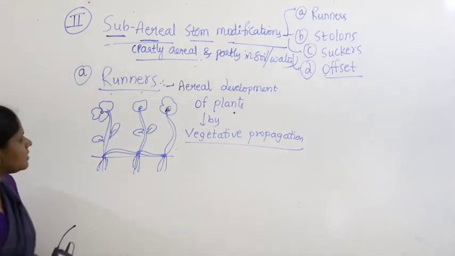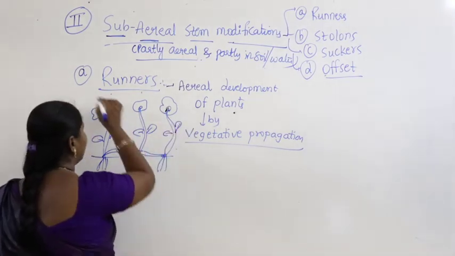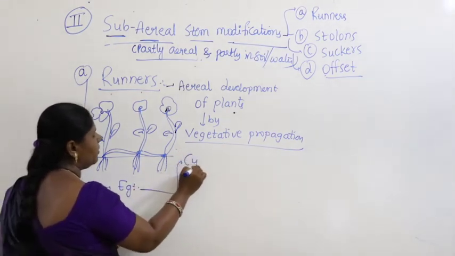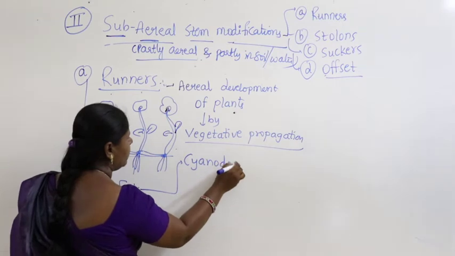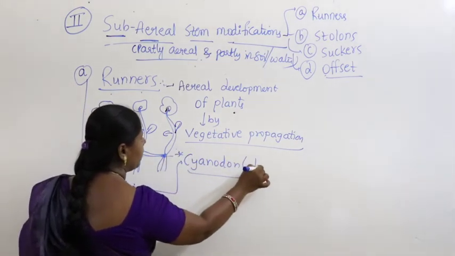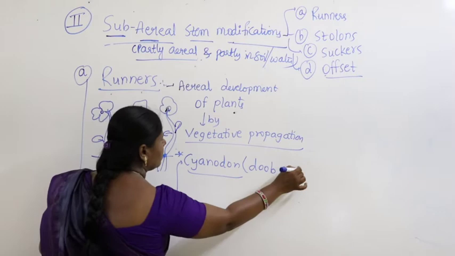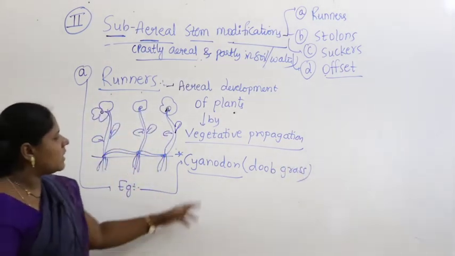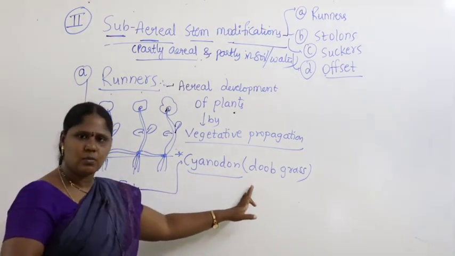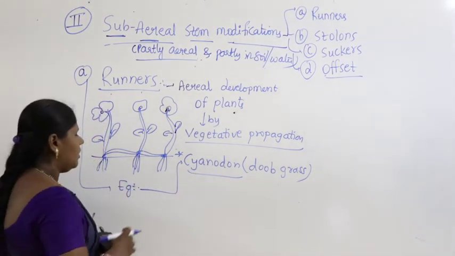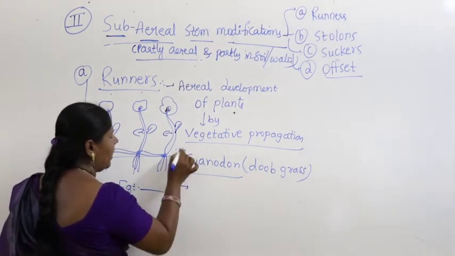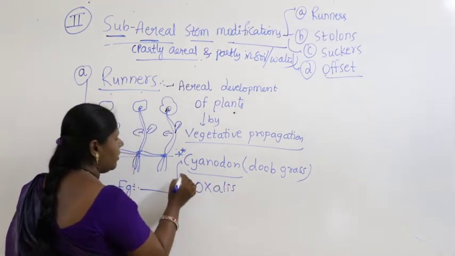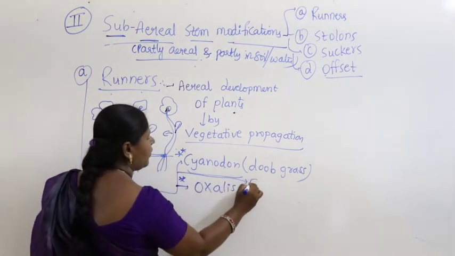Runners. So, for runners, let us take examples. You can take Cynodon. Cynodon, it's commonly called dube grass. Apart from Cynodon, you can take the example Oxalis, and also one more example, Fragaria.